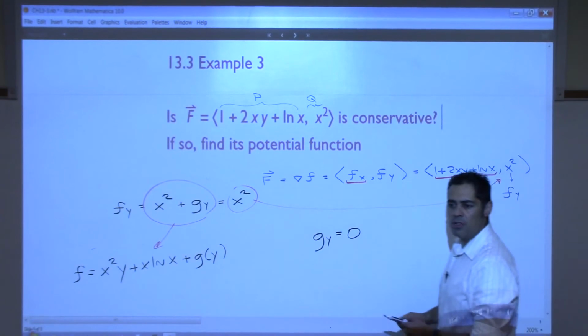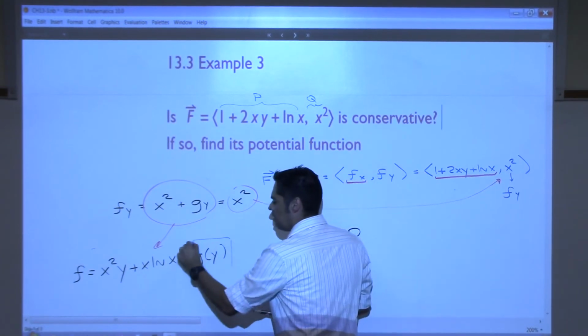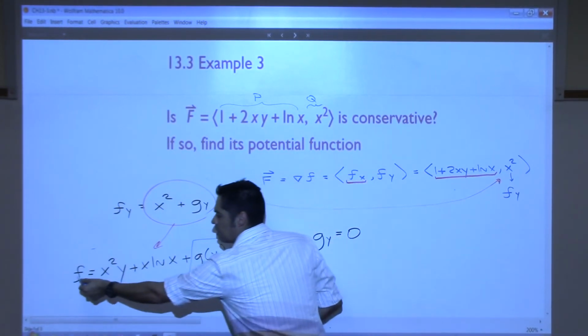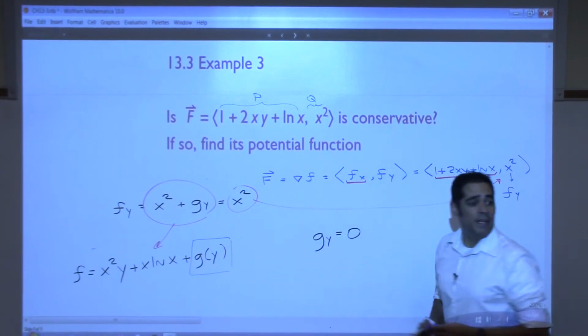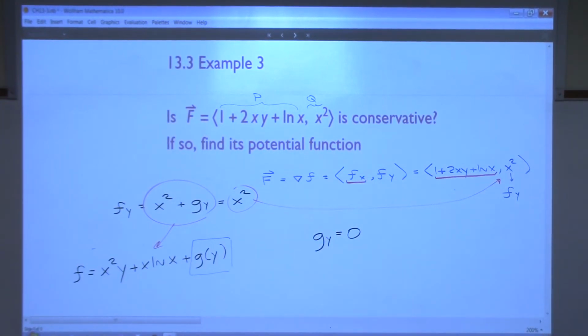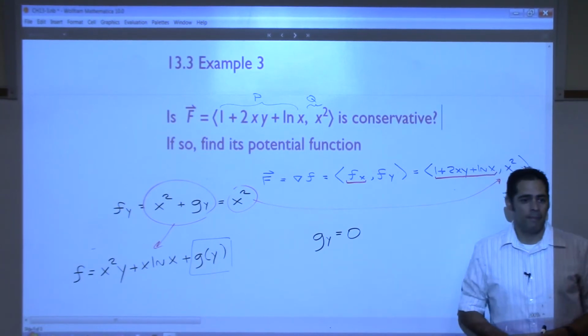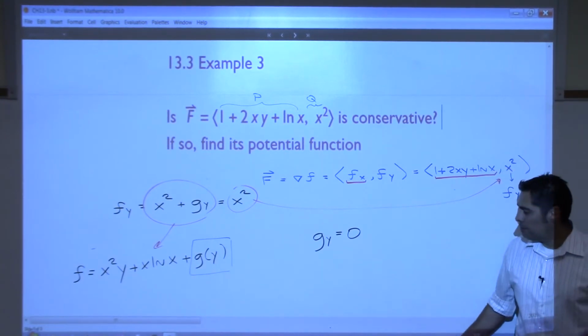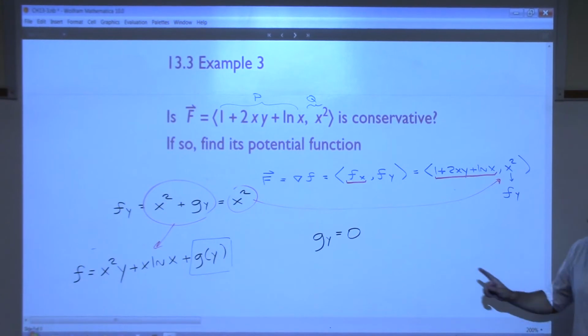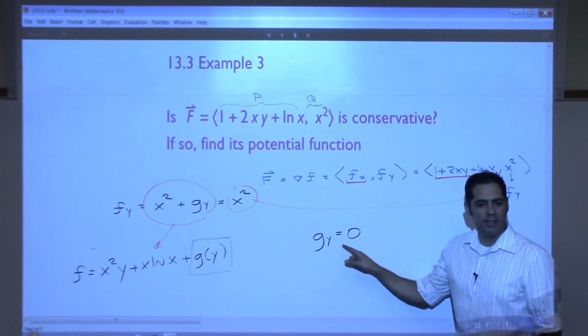Now, can you tell me what g of y is? Because that was the only piece that we didn't know, right? Here was little f. That must be a constant. g of y must be a constant, because the derivative of a constant is 0. Now, be careful here. Could g have an x in it?